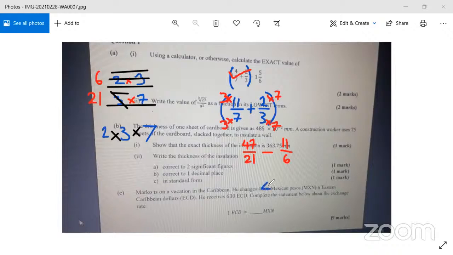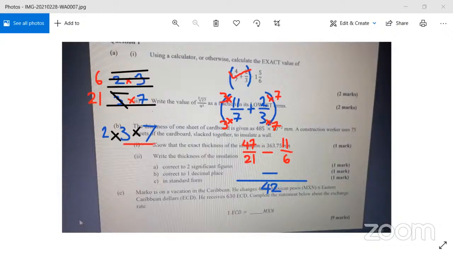Oops, sorry. I should have used my drawing tool. So let me just use that there. There we go. That's what we should have. So this part here is 21.